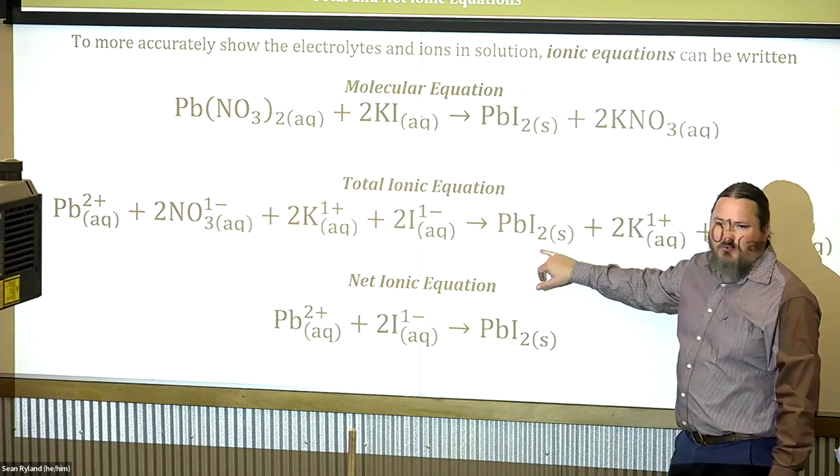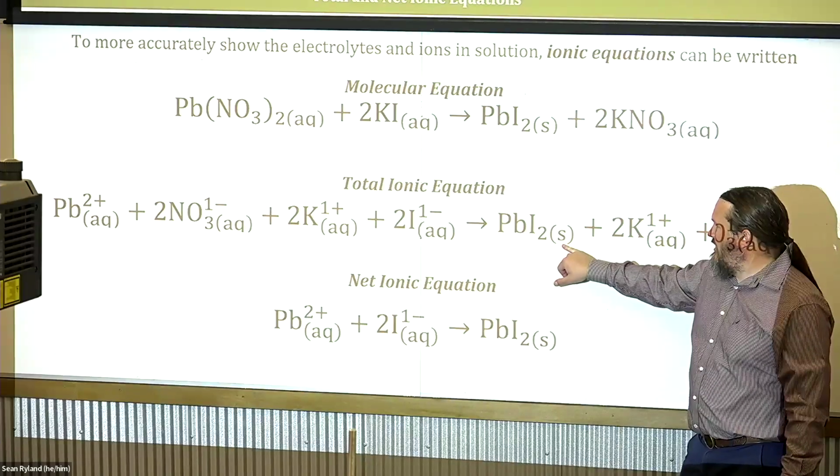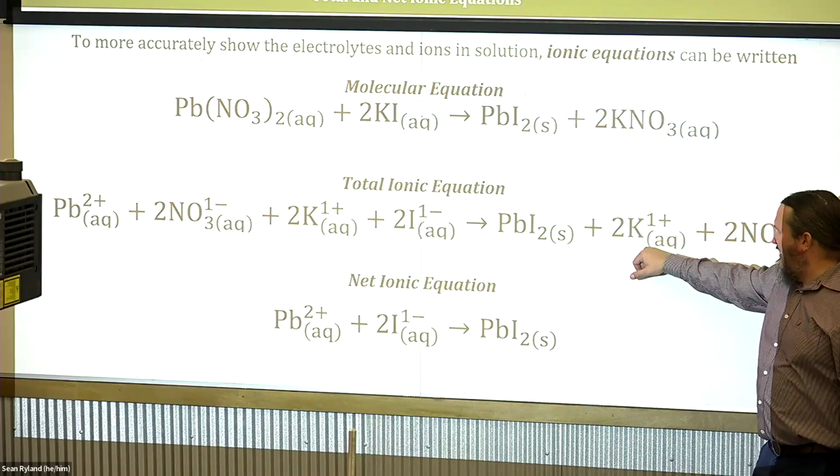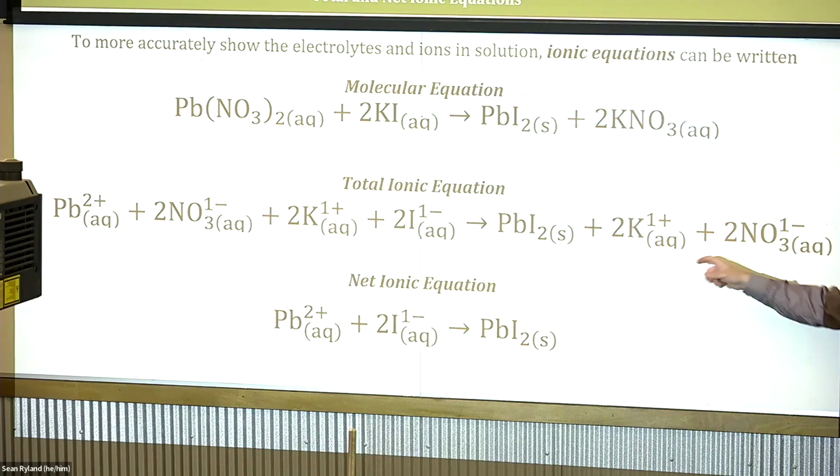so we write it in its molecular formula with solid written next to it. But then the potassium ions and the nitrate ions still stay dissolved. So we still write them as their separate ions, and we still write aqueous behind each of them because they're still in solution.